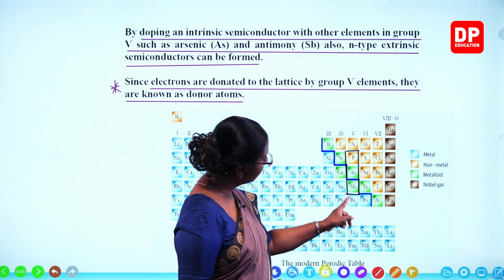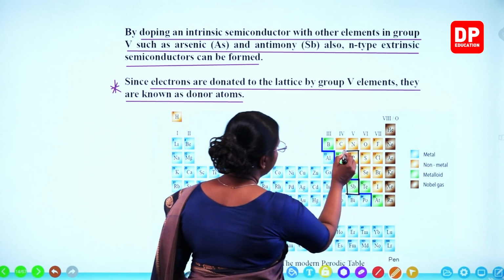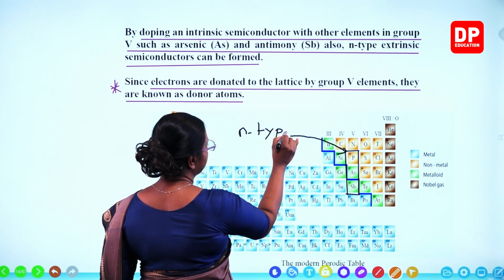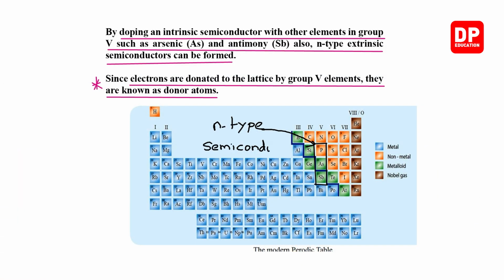You dope them with group 5 elements to get the N-type semiconductor. So one of these can be used to get the N-type semiconductor. Is that clear? So doping is the mixing of another element. After doping, if you get the semiconductor, that is known as the extrinsic semiconductor.